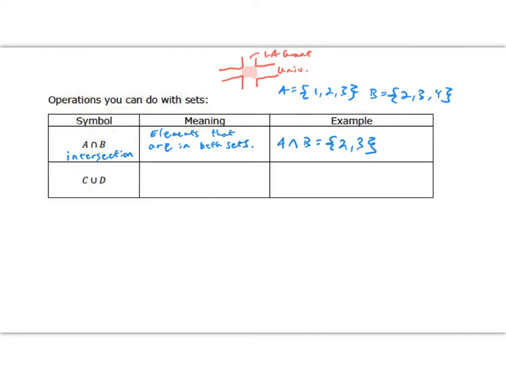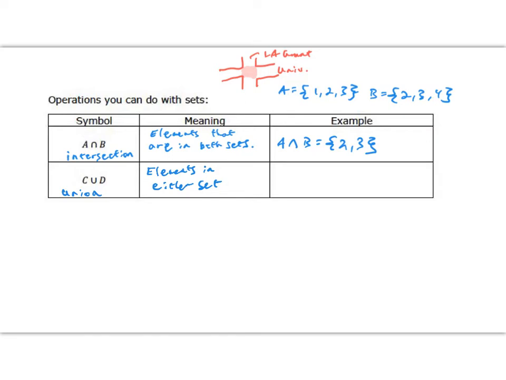This other particular operation with the U is called a union. And that is a list of elements in either set. Okay? So it's not a list of elements that is in one and it's got to be in the other. It can be in either one of them.